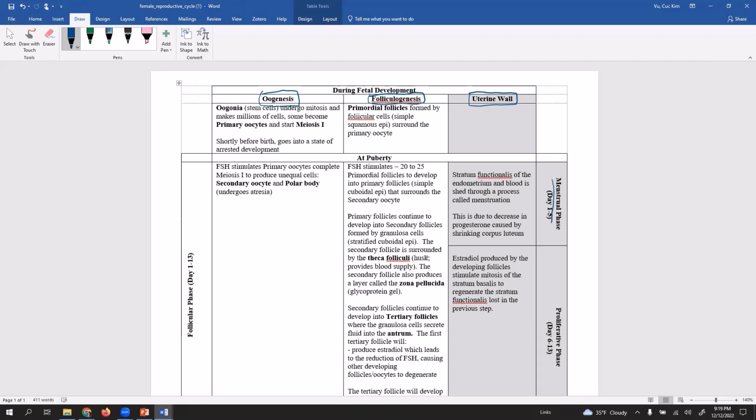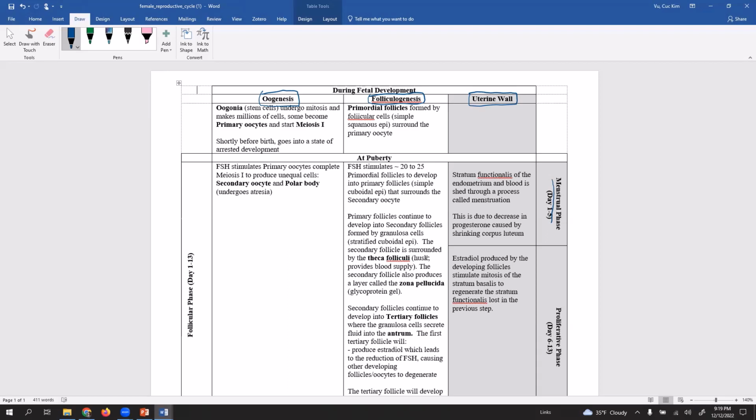Okay, the menstrual phase belongs to what? The uterine cycle or the ovarian cycle? The menstrual phase, is it technically a part of the ovarian cycle or the uterine cycle? Uterine. Yes, exactly, because you see it's gray, right?